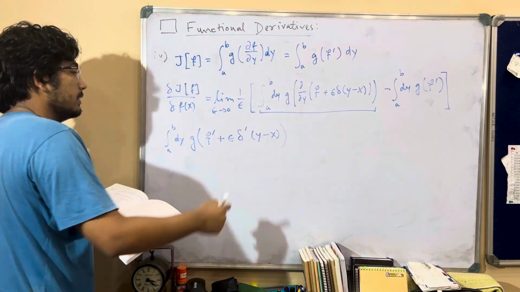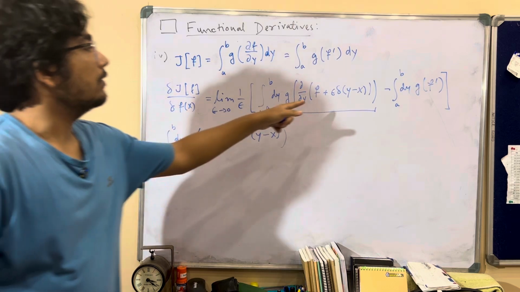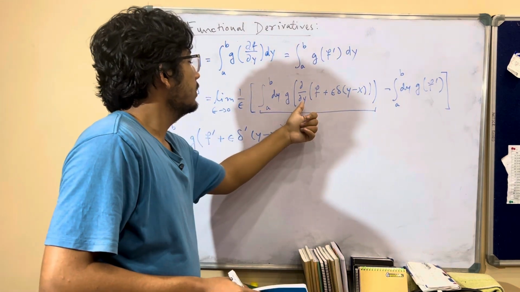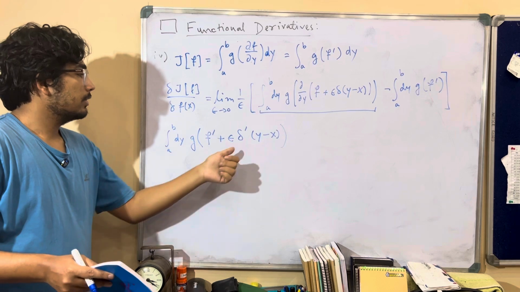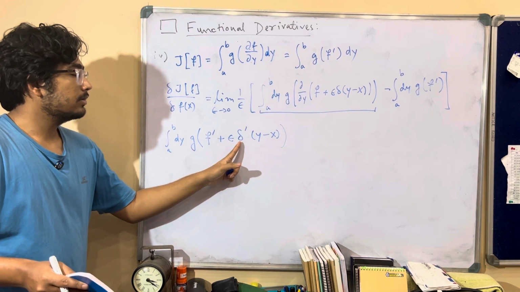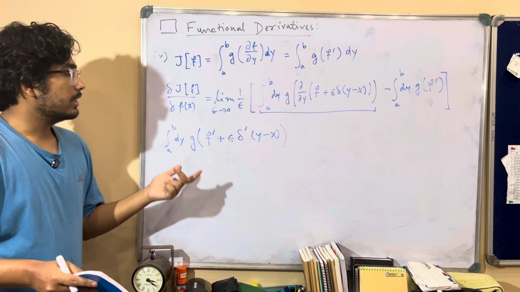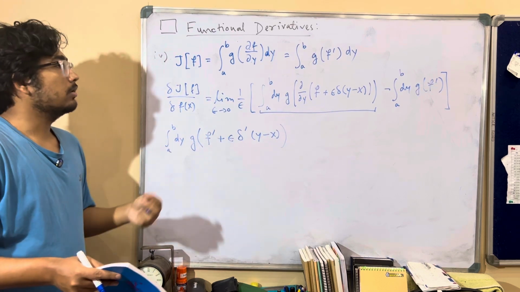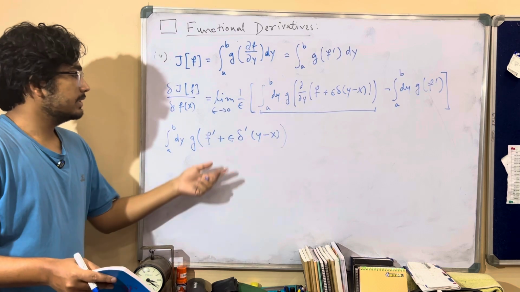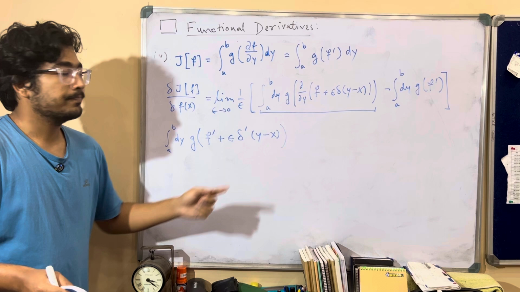So delta prime is the differentiation of delta y minus x with respect to y, and as we will see, this term will not give any problems, as we will be doing the mathematics in such a way that the derivative here cancels out.